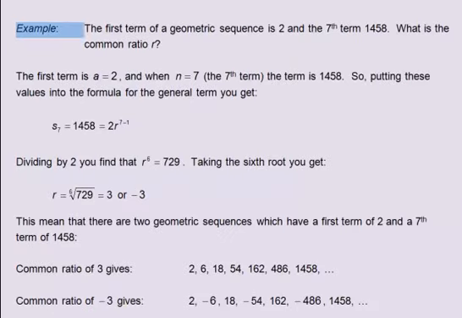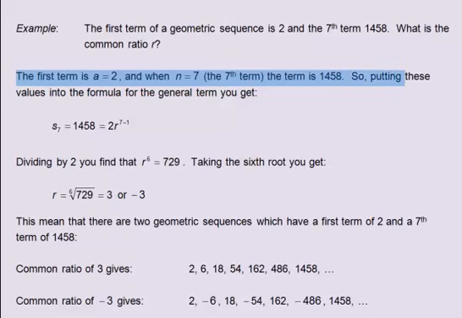Example. The first term of a geometric sequence is 2, and the seventh term is 1458. What is the common ratio r? The first term is a equals 2, and when n equals 7, the term is 1458.